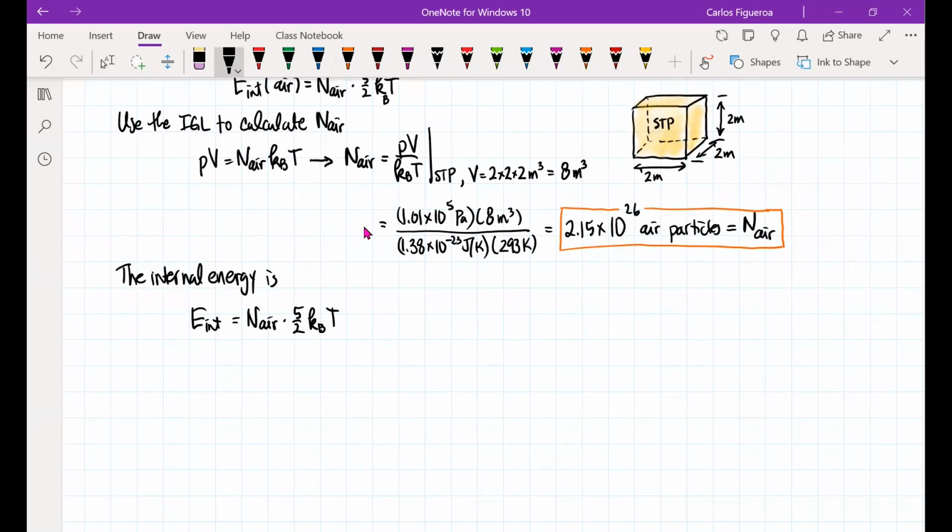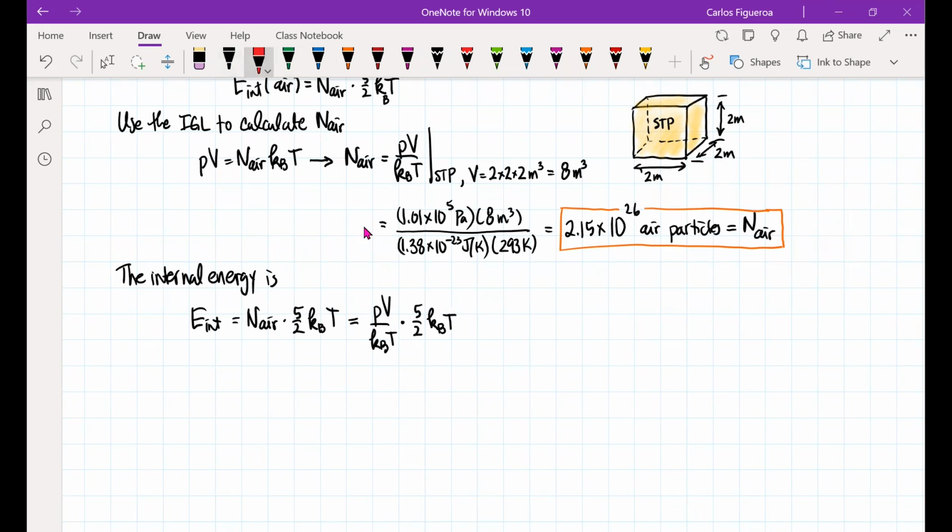For example, if I didn't do that calculation for the number of particles, I could have replaced N with PV over kBT times 5/2 kBT, and you're going to see there are a lot of cancellations.